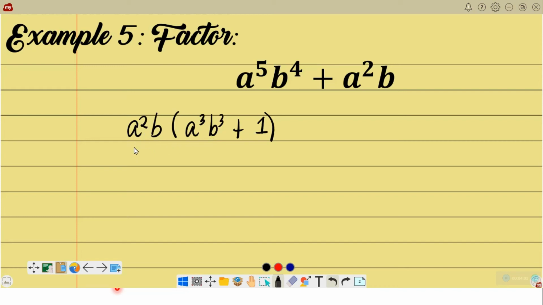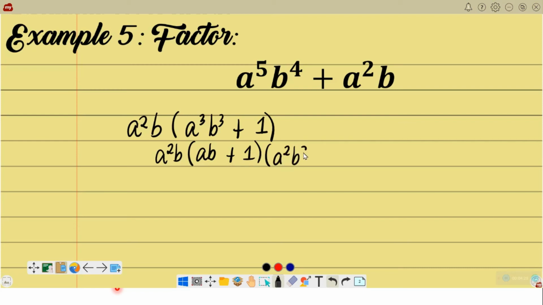And never forget to write our greatest common factor at the very beginning. So, get the cube root. a cube, b cube. Its cube root is ab. And then, copy the sign. What is the cube root of 1? So, we have 1.